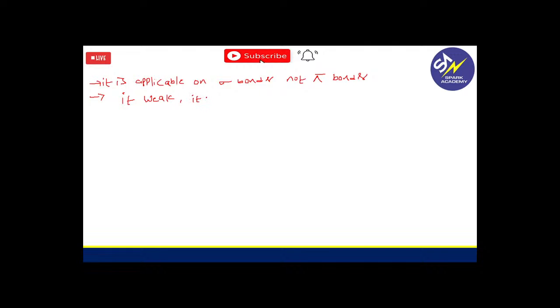And the most important character, inductive effect depends on distance. It decreases with increasing distance.